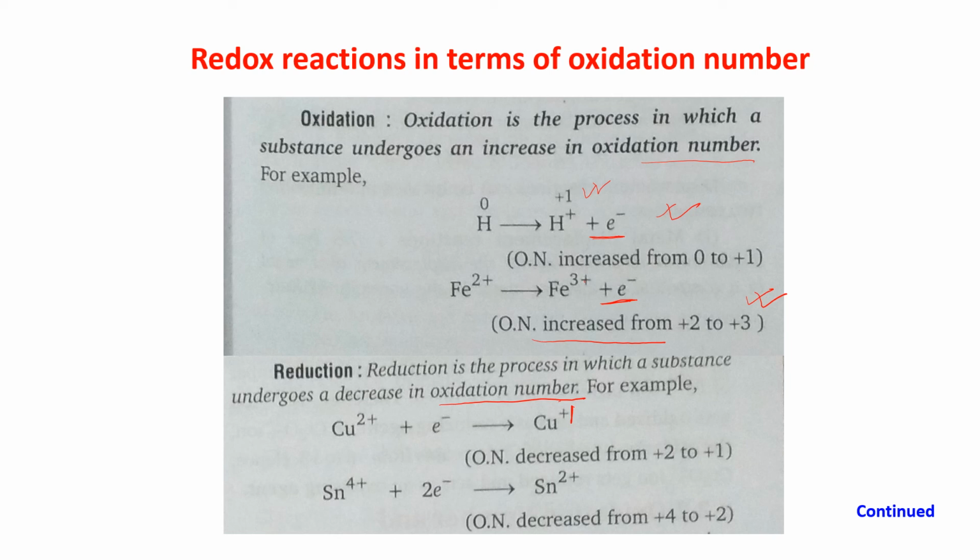That means +2 to +1. How will it form +1? By adding 1 electron on this side. So this is a decrease in oxidation number, so this is undergoing reduction. Sn4+ to Sn2+ is a decrease in oxidation number. So this is reduction.